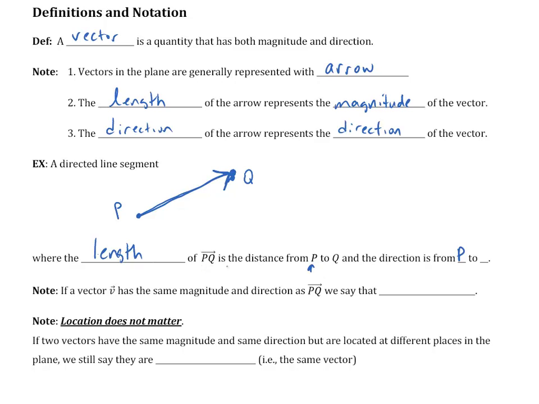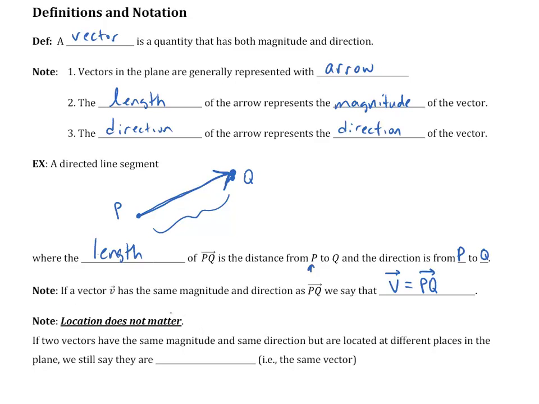If I write PQ with an arrow over the top of it, that's what I mean by a directed line segment to Q. Now, if V is any vector that has that length and that same direction, then we say V as a vector is the same thing as PQ, the directed line segment.